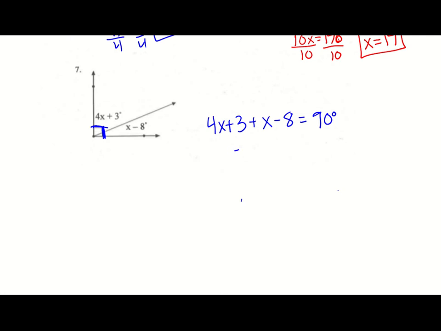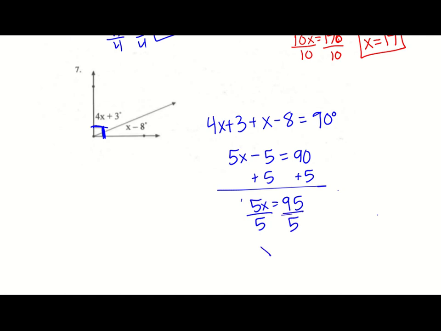When I add my like terms, I get 5x minus 5 equals 90. Add 5, 5x equals 95. I get x is equal to 19.